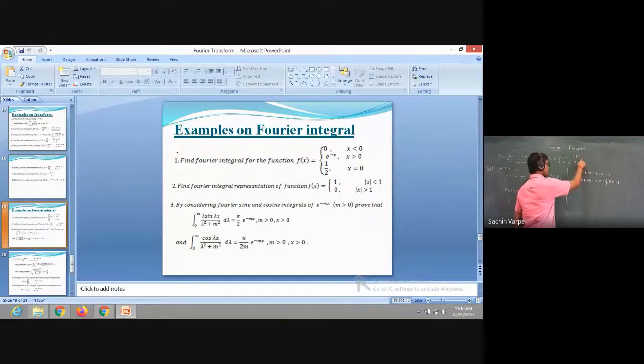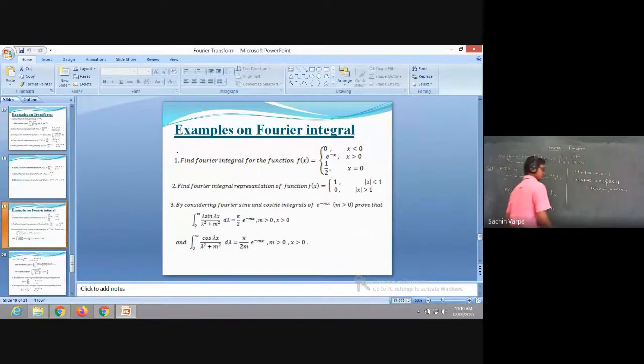So mod x less than 1 means the interval is minus 1 to 1, and mod x greater than 1 means two intervals: 1 is less than x is less than infinity, and minus infinity is less than x is less than minus 1.